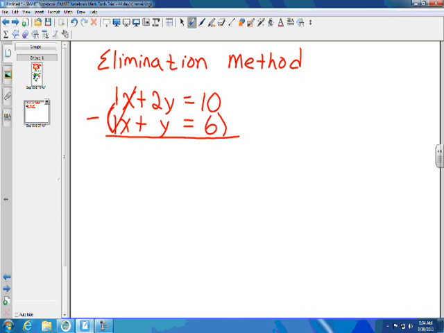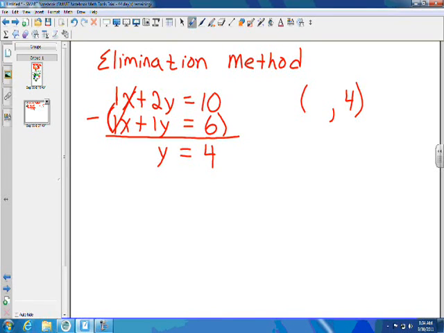So then in here we would have 2y minus 1y, which is y, and 10 minus 6, which is 4. We just found the first value. Right? So in our point where these two intersect, it's something, 4.